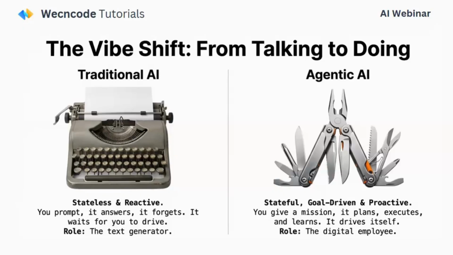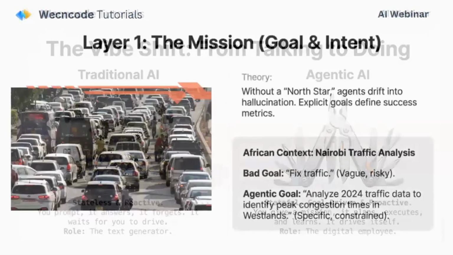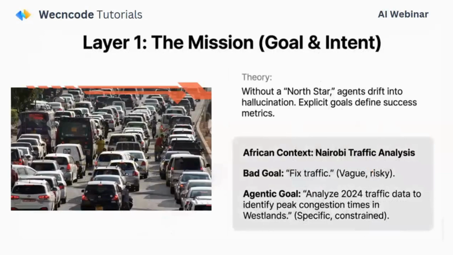But most times, you will advise that there be a human in the loop. So the agent tells you, this is my goal, this is what I want to achieve, and then you accept each response as it evaluates. So you give a mission, it plans, executes, and learns. It drives itself. That's the power of agents. So the mission, that's goal and intent.